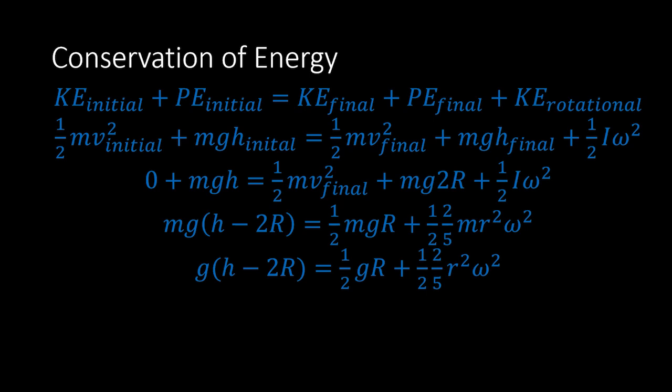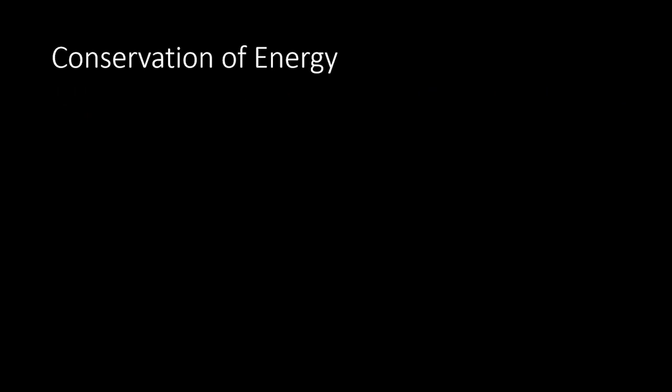Now, we can simplify this by using the linear portion, that 1/2 mv squared term, and substituting in the velocity that we found before. The square of the square root of gR is just gR, so that's where that gR term comes from. The inertia of the ball is 2/5 times the mass of the ball times the radius of the ball squared. And the angular velocity omega can be converted from linear velocity by taking the velocity and dividing it by the radius of the ball. This will all need to be squared as omega is squared in the original equation.